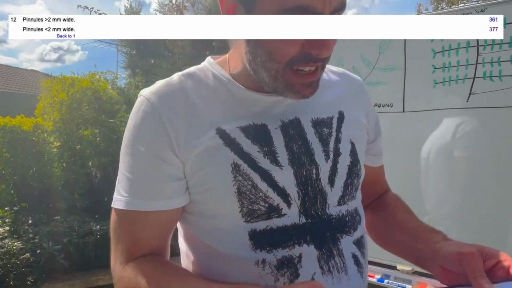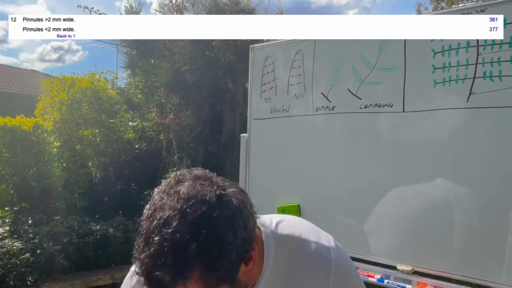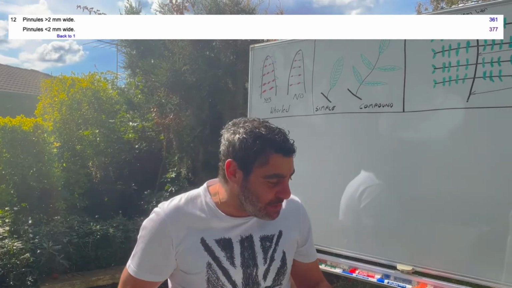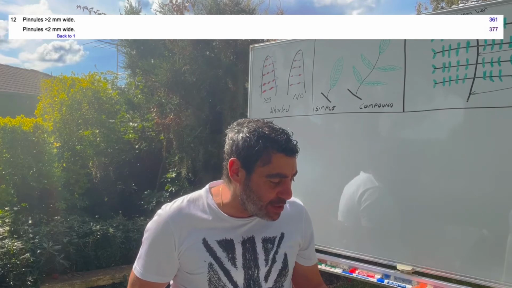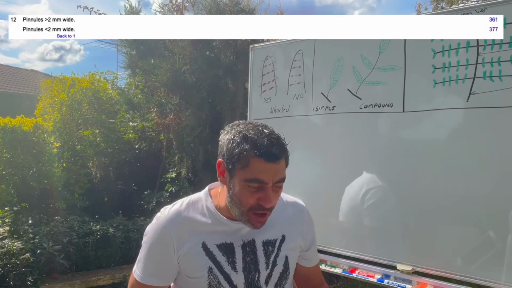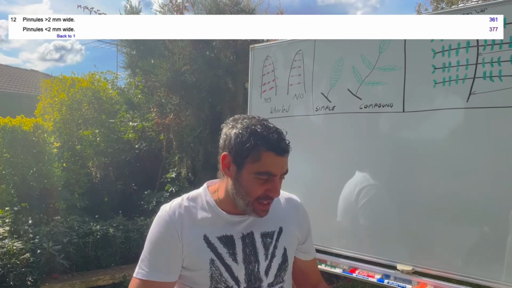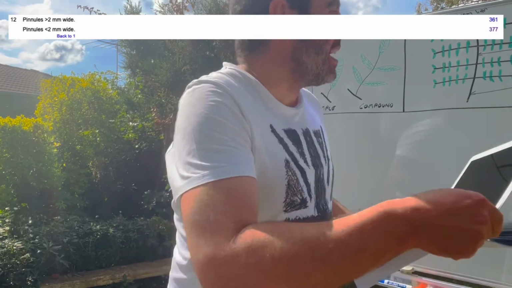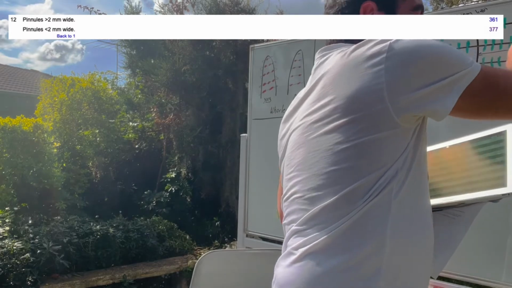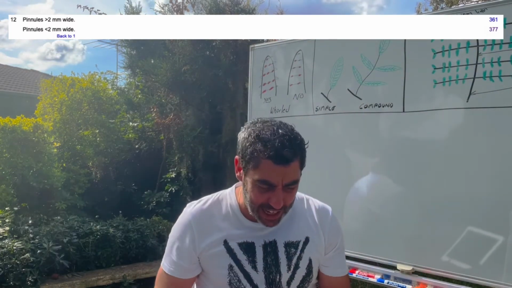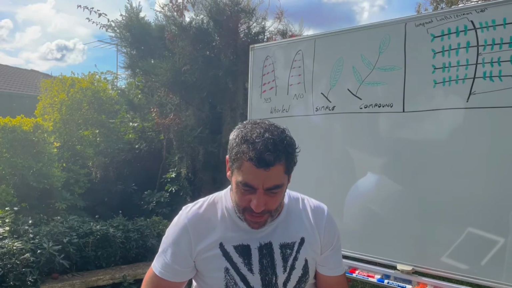Pinnules greater than 2 millimeters wide, I know they're certainly less than that just by looking at them. On this part up here, this was your pinnule, just one of those little ones. Once you can look at it diagrammatically, you can start answering these questions really easily.